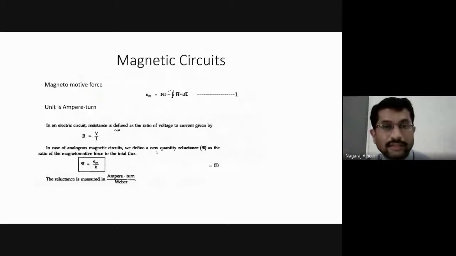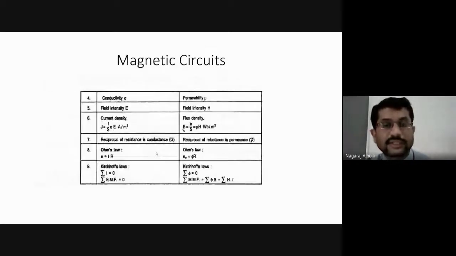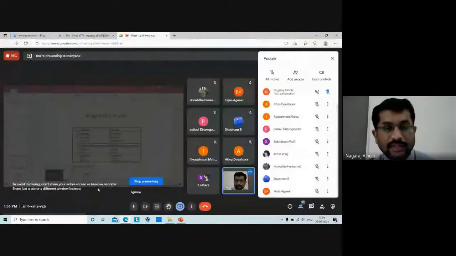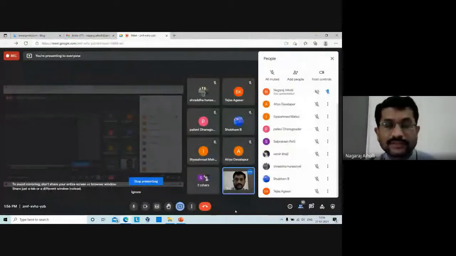Is this clear, students? The comparison between electric circuit and magnetic circuit? Any difficulties here? Any questions on the comparison between electric circuit and magnetic circuit? I hope it is understood to everyone.